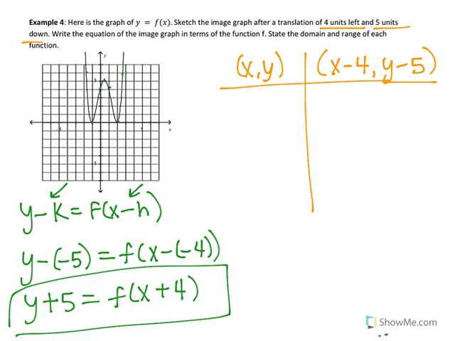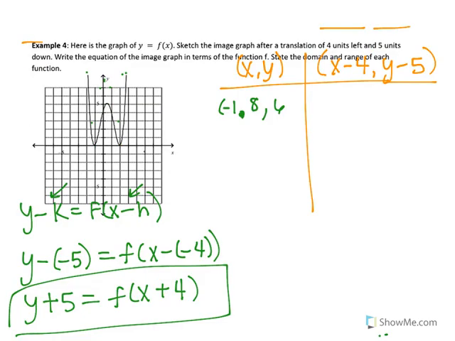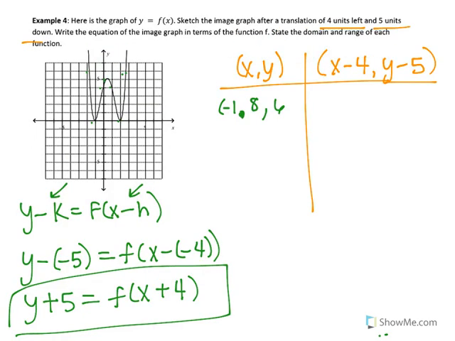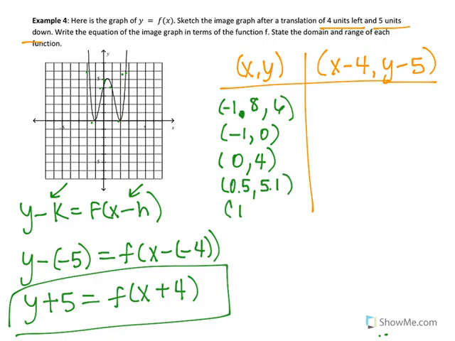So the points that I chose were negative 1 and 0, 0 and 4, 0.5 and 5.1, 1 and 4, 2 and 0, and 2.8 and 6.